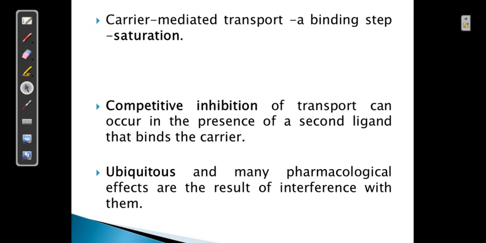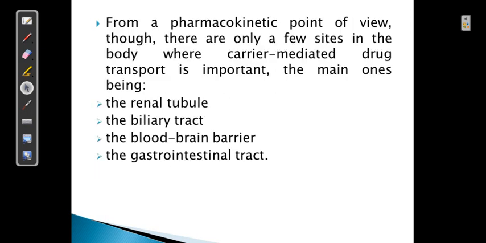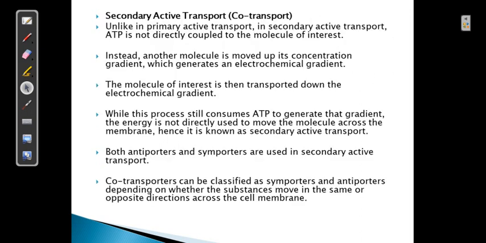If two drug molecules bind with the same carrier protein, they will compete with each other, and one drug molecule will inhibit the transport of the other. It is ubiquitous, and many pharmacological effects are the result of interference with them. From a pharmacokinetic point of view, there are very few sites in the body where carrier mediated drug transport is important, but the important ones are the renal tubule, biliary tract, blood brain barrier, and GI tract.